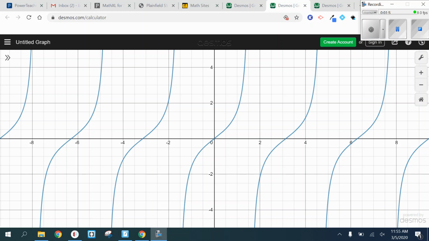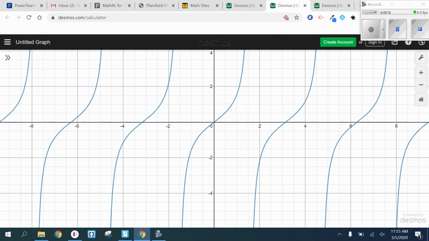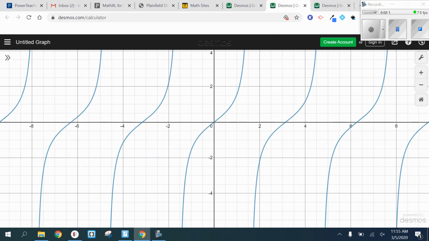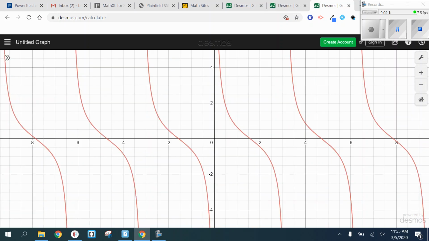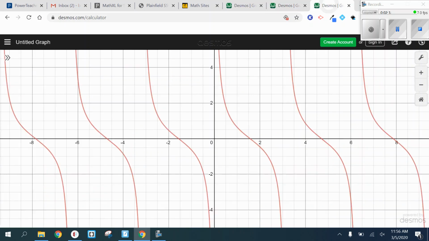And you should be able to tell there's going to be asymptotes, okay? So here's tangent, here's cotangent. What I want you to do is memorize two really key differences between these two, okay?